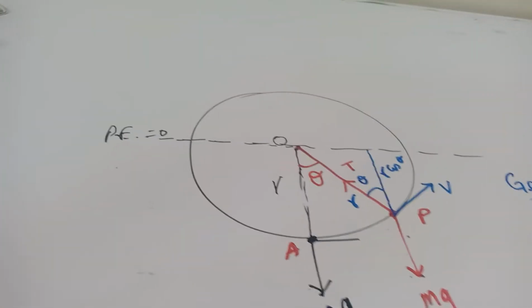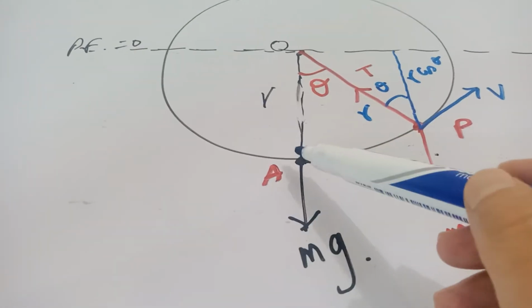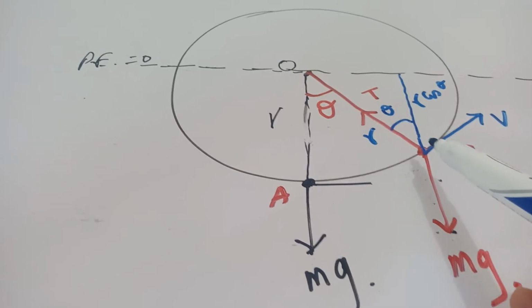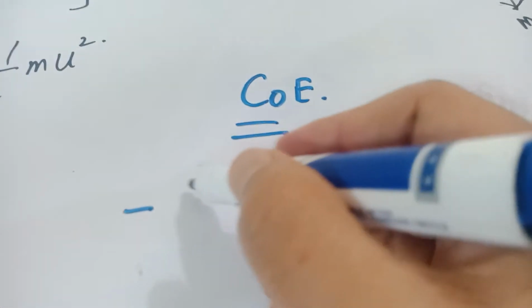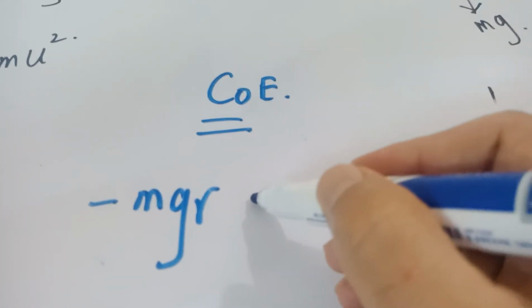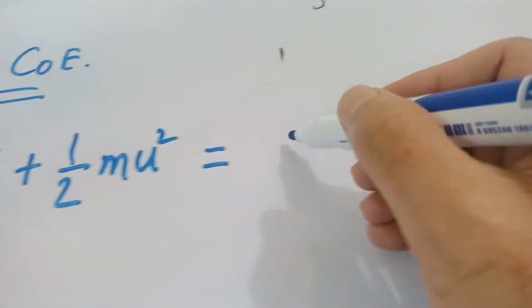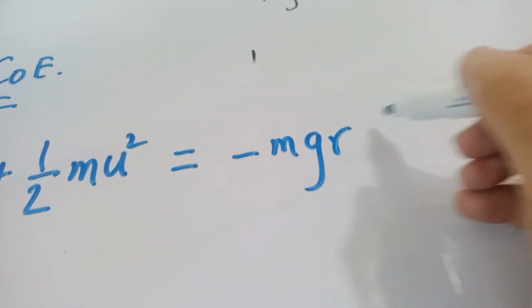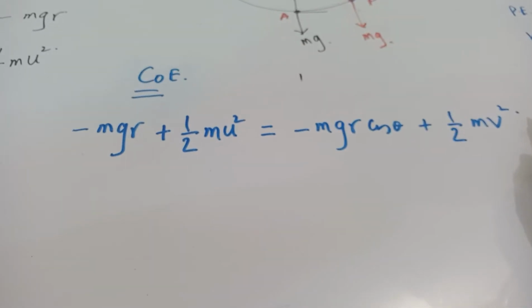Now from the law of the conservation of energy, we can say that the sum of the potential energy and the kinetic energy at the point A is going to be the same as the sum of the potential energy and the kinetic energy at the point P. So I shall be writing this: minus mgr plus half mu square is equal to minus mgr cos theta plus half mv square. So I have this big equation over here.